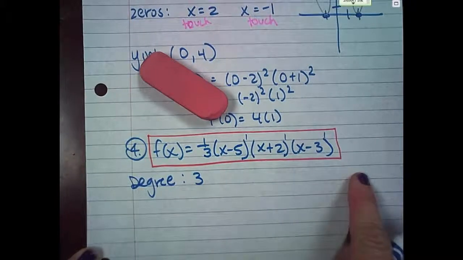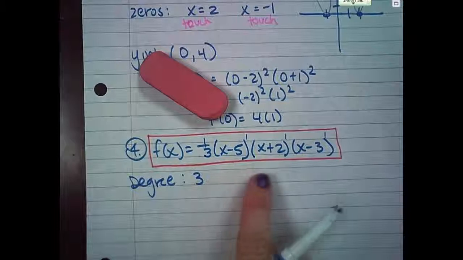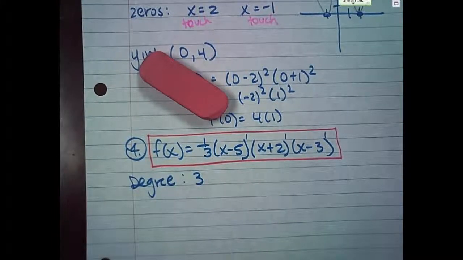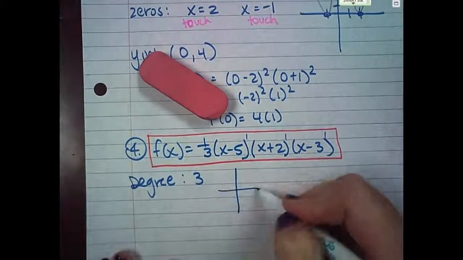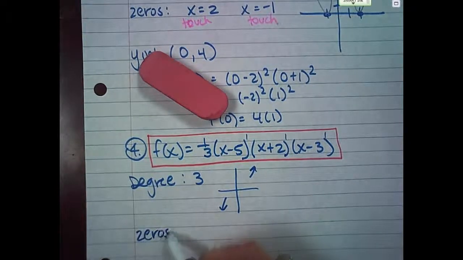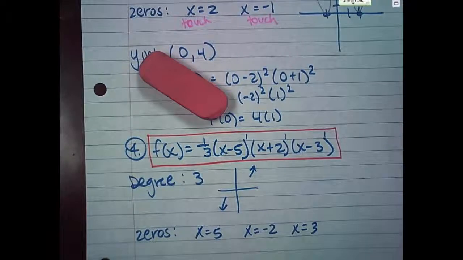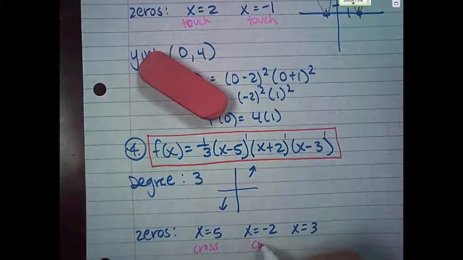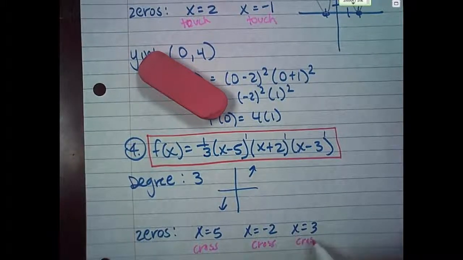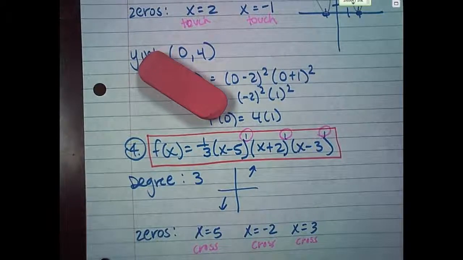Foil it all out, combine like terms, you'd have a cube. x times x times x. Now then, cube means the end behavior would be this. Zeros are x equals 5, negative 2, and 3. And each one actually crosses, because look, 1, 1, 1. 1 crosses, 2 touches.